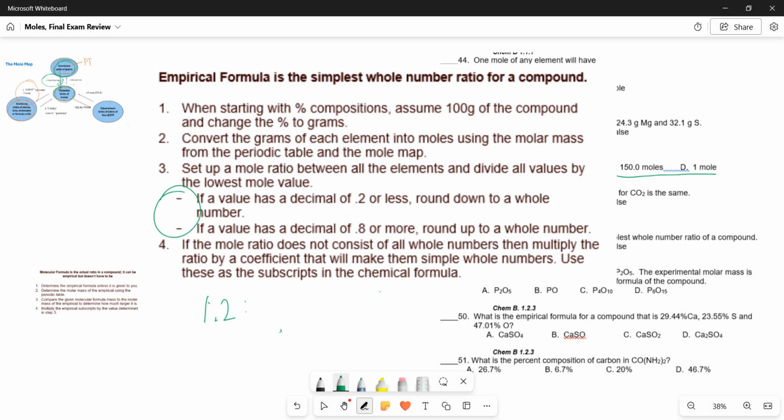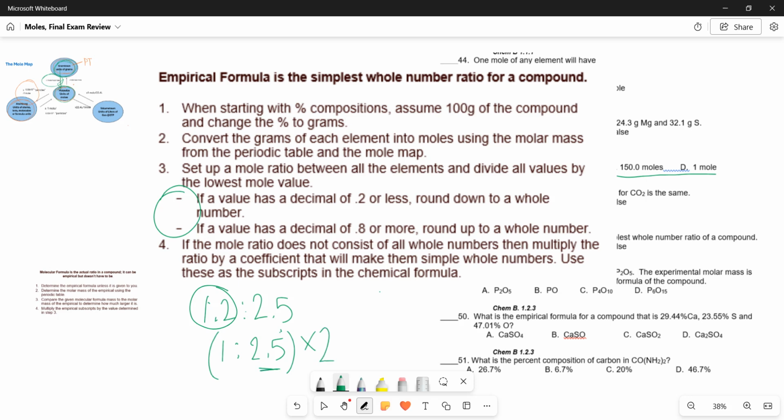So example, if I had a ratio that is 1.2 to 2.5. Well, first of all, this number can now be 1. And the 0.5 is neither 0.2 nor 0.8. So now I need to multiply this ratio by a number that will make this whole.